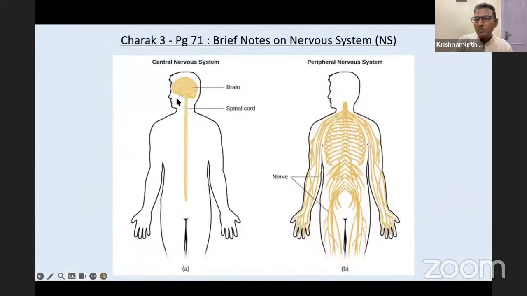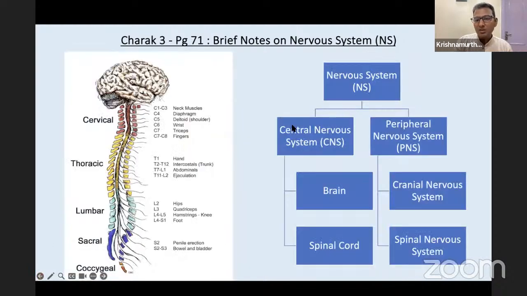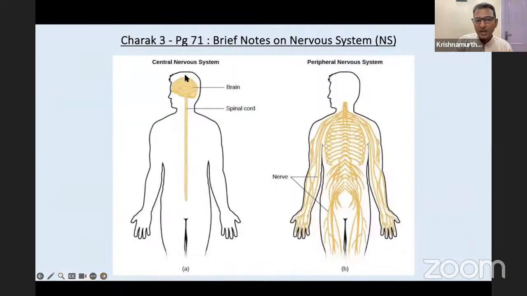So to describe the central nervous system, what all comes under that? The brain comes under it, and one big line, the big wire, which is coming from the brain till the bottom. These two together, the spinal cord.